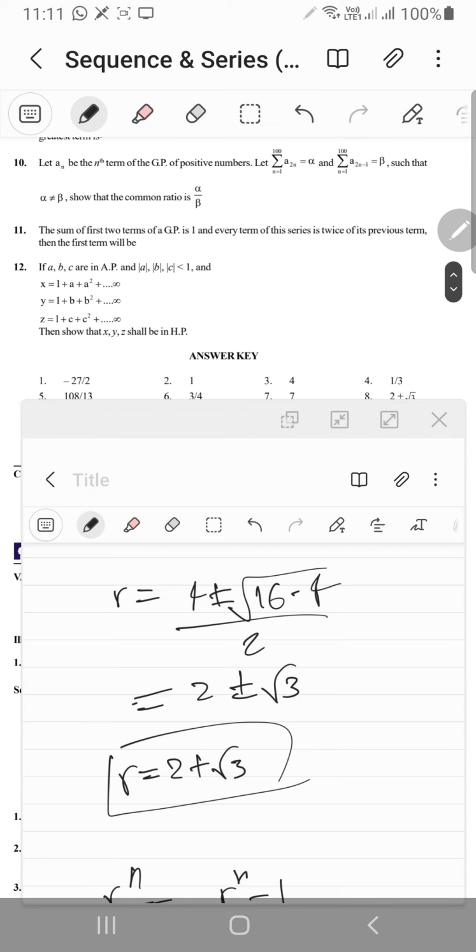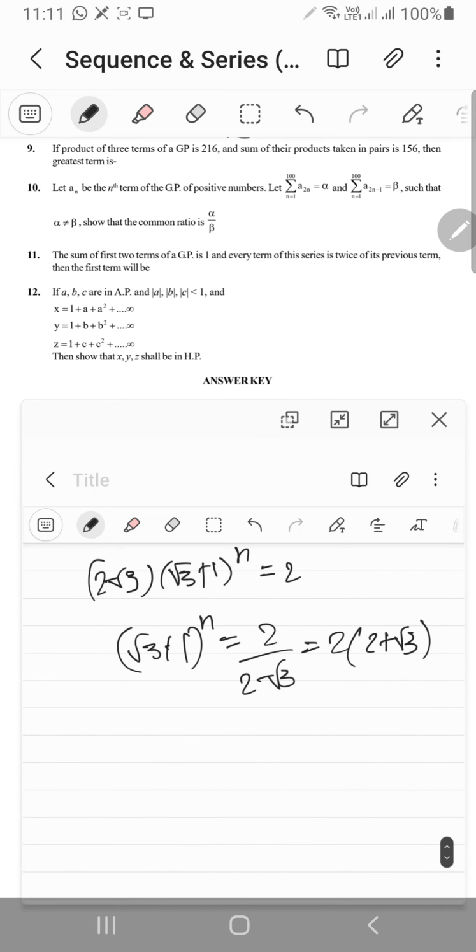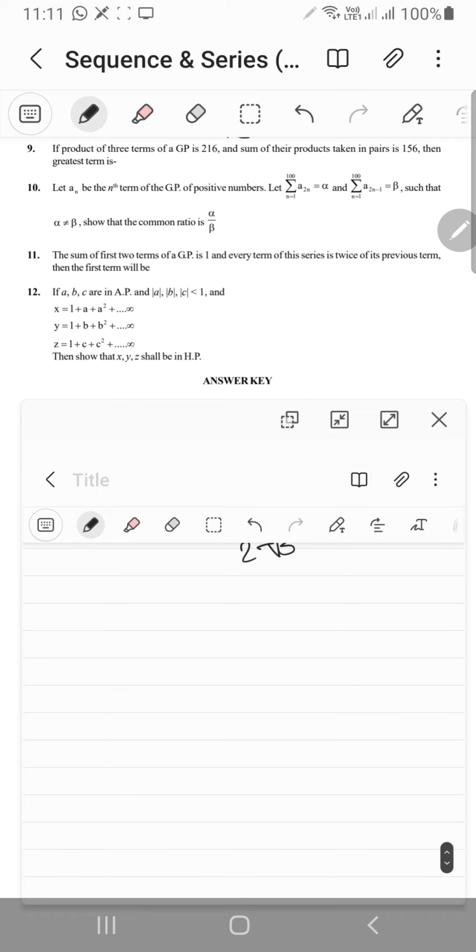Okay, next, if the product of 3 terms of a GP is 216 and the sum of their products taken in pairs is 156, then greatest term is. Product of 3 terms in a GP is 216. That means the middle term, right? It's like a upon r, a and ar. Then a cube is 216.